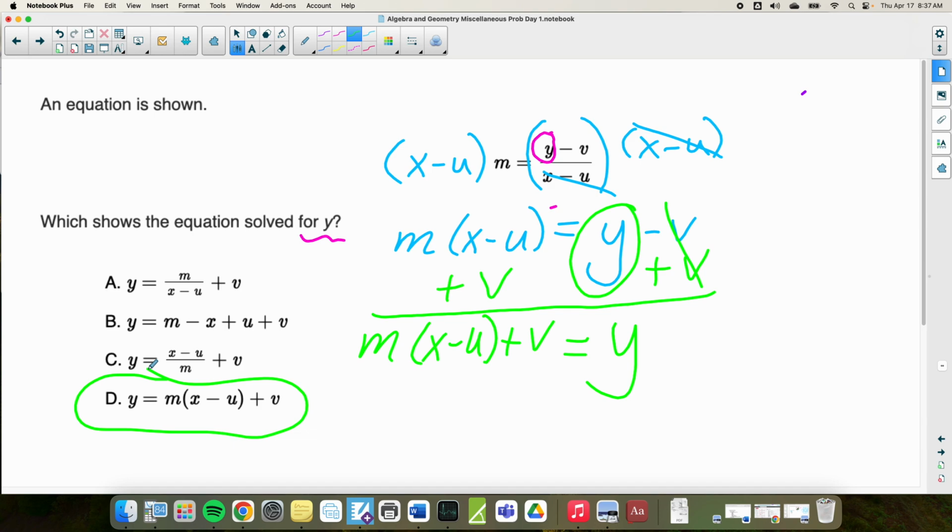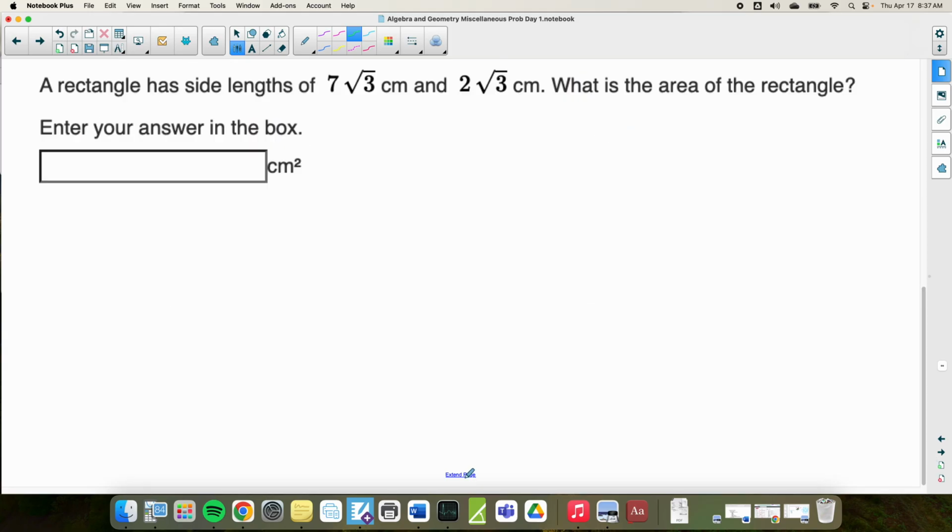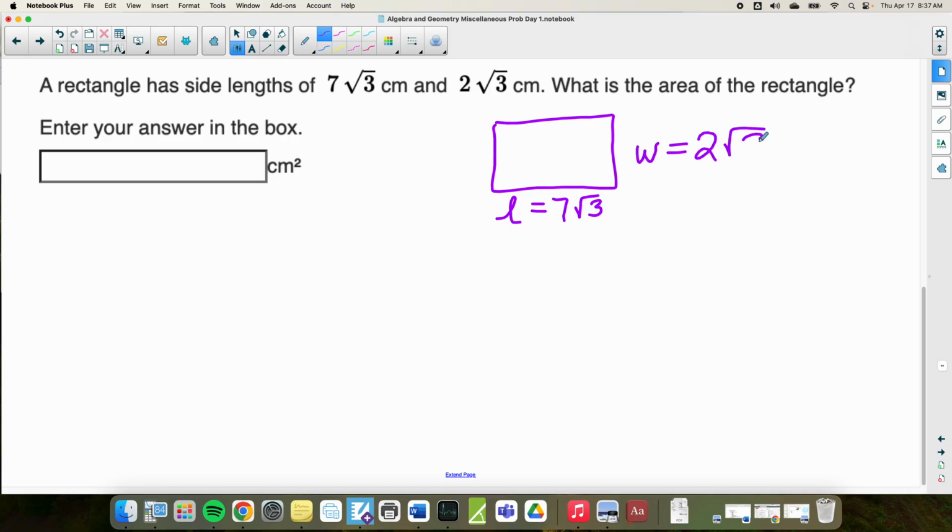Okay, so you could very well get one like that too. So here we have a rectangle. You don't have to write this out, but let's say that the length is 7√3 and the width is 2√3.